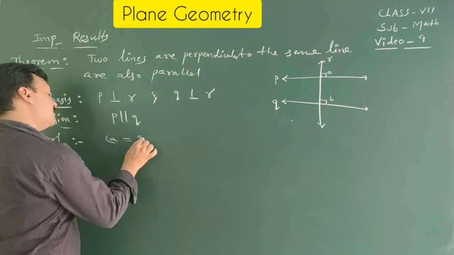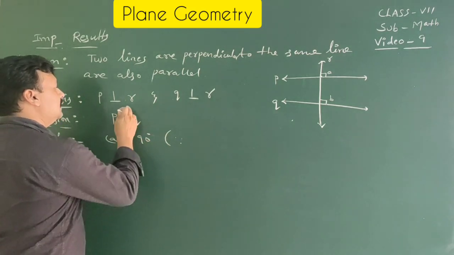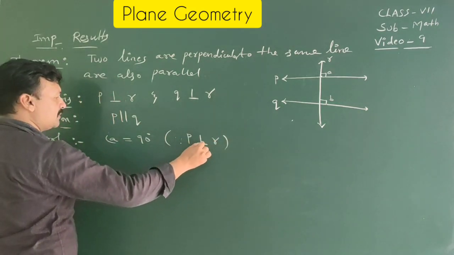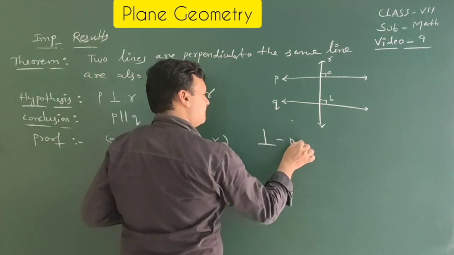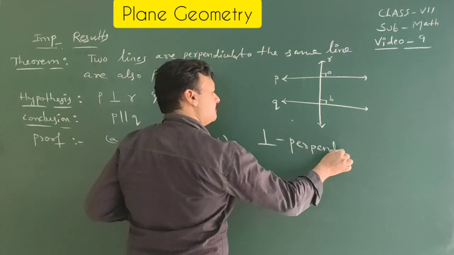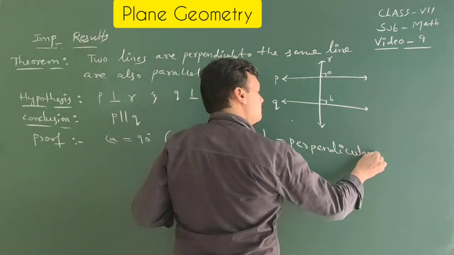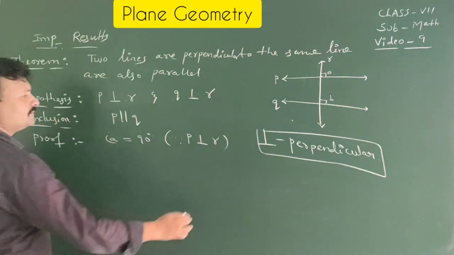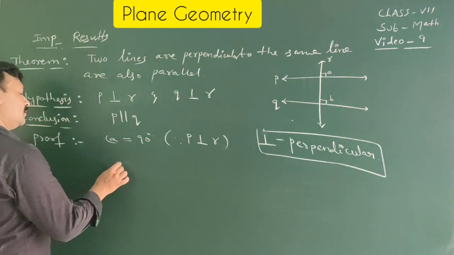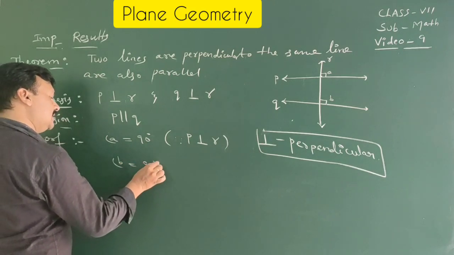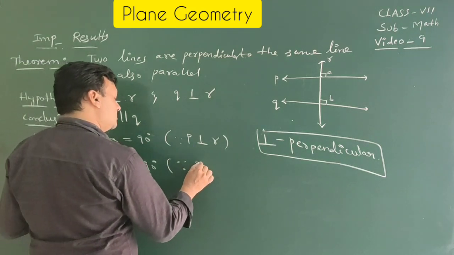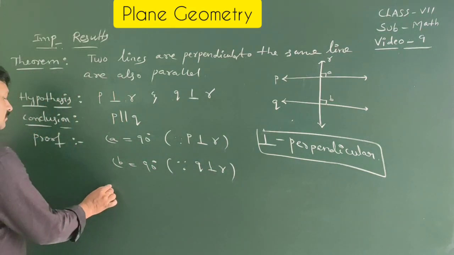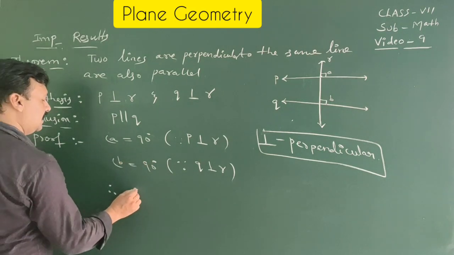Now angle A equals 90 degrees, since P is perpendicular to R. This is the symbol of perpendicular. So angle B is also equal to 90 degrees, since Q is perpendicular to R. A equals 90, B equals 90.